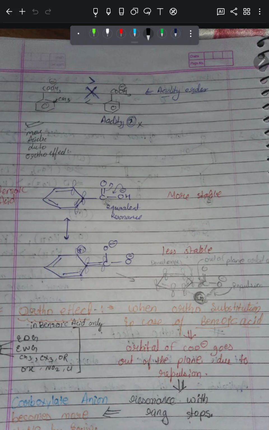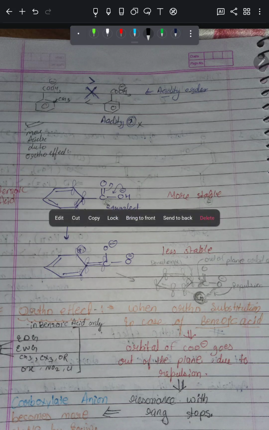As you can see, a carbon with 2 oxygen and a hydrogen is present. Due to presence of this CH3 group, this repulsion factor will be present here, and it will be less stable as compared to this. If we talk about the acidity, this will be more acidic due to ortho effect, and this will be less acidic.